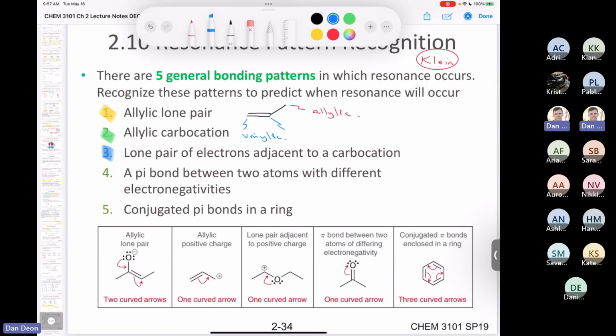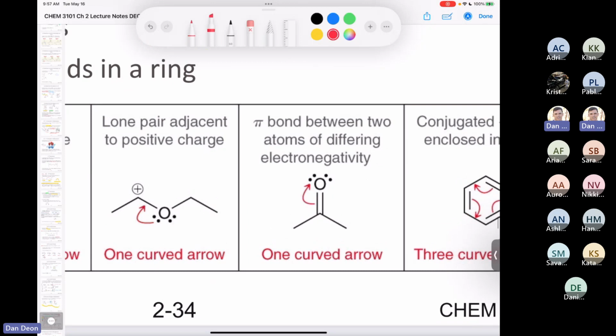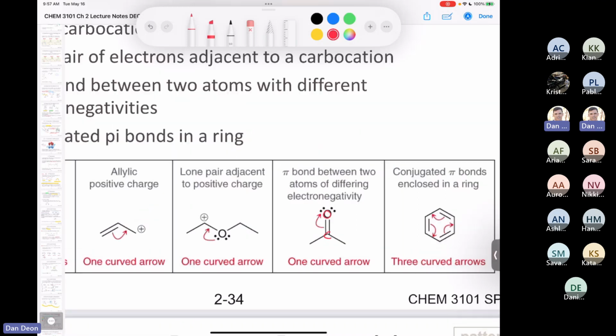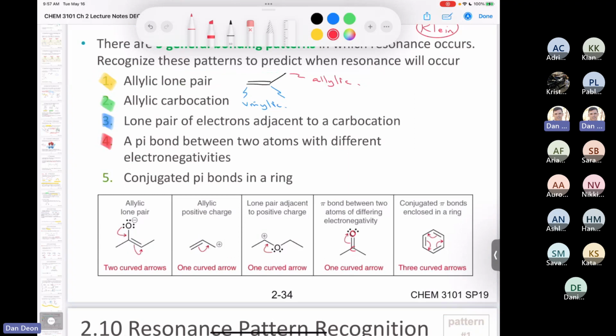We see that here we have a lone pair right next door to a positive charge, so that will be a possible resonance structure. The next one is a pi bond between two atoms of different electronegativities. If you have a pi bond between carbon and oxygen, they have differing electronegativities. Carbon's is 2.5, oxygen's is 3.5. So therefore, we can have a resonance structure there. And the last one is a conjugated pi bond.